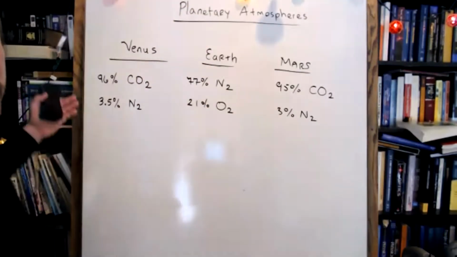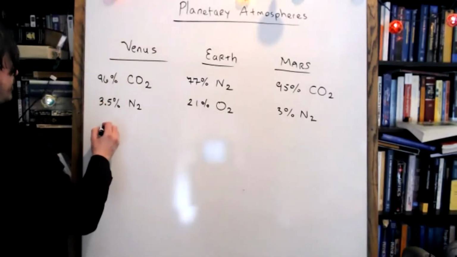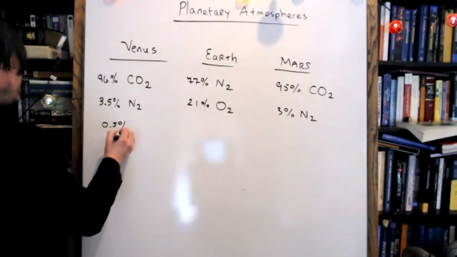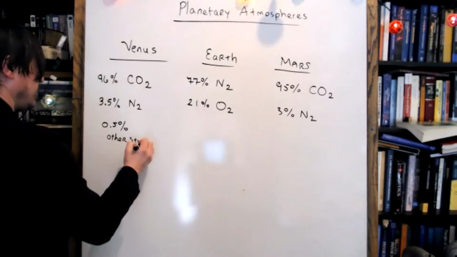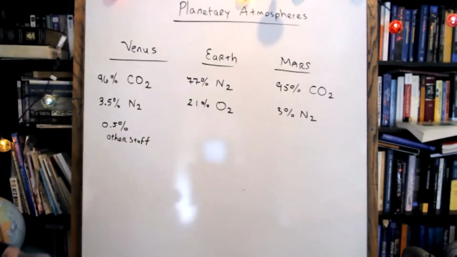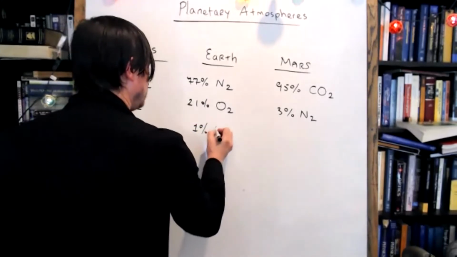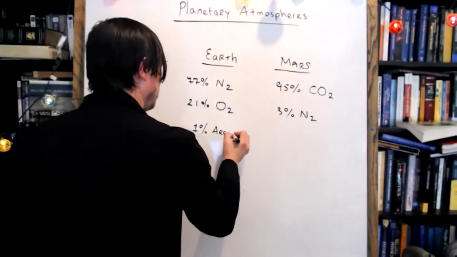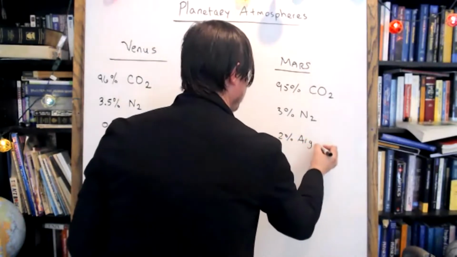For Venus, the 0.5% is other stuff. It's a complicated mixture of things, but argon is probably part of that. For Earth, 1% is argon. 2% of Mars is argon.